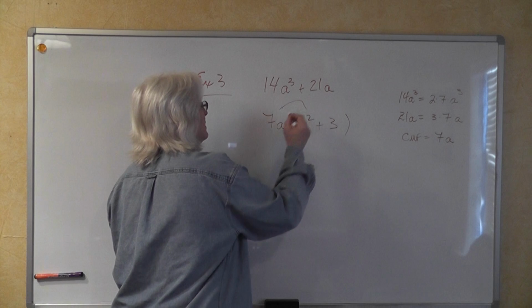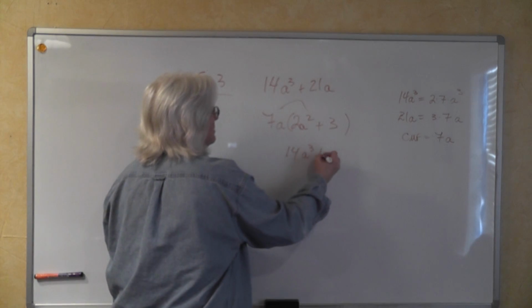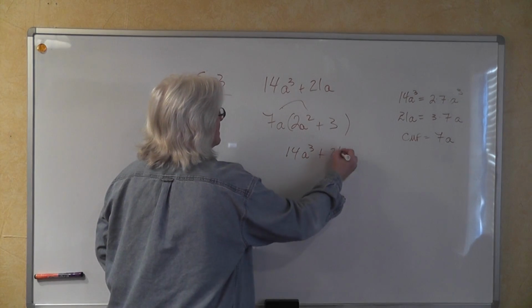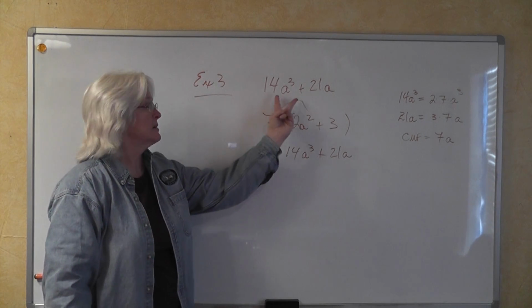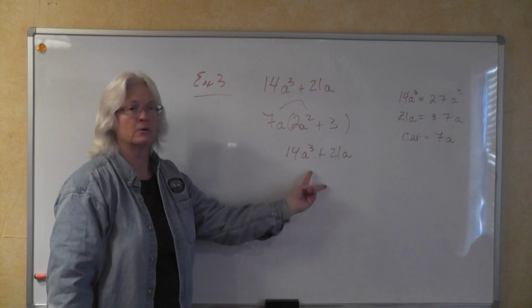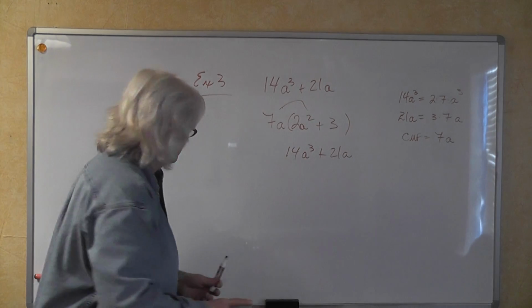Distribute and check. 7 times 2 is 14. a times a squared is a cubed. 7a times a positive 3 is 21a, which of course is what we began with. So factoring, we've demonstrated, is applying the distributive property in reverse.